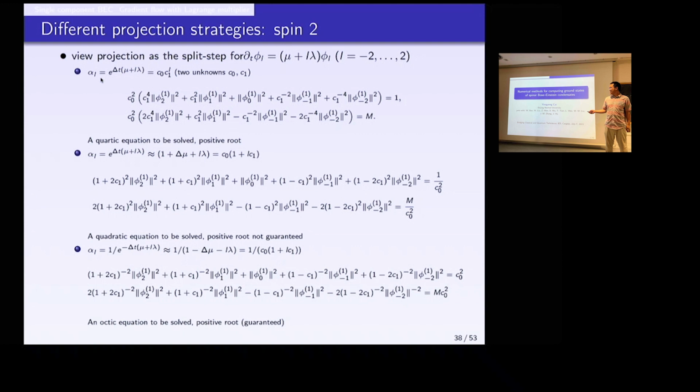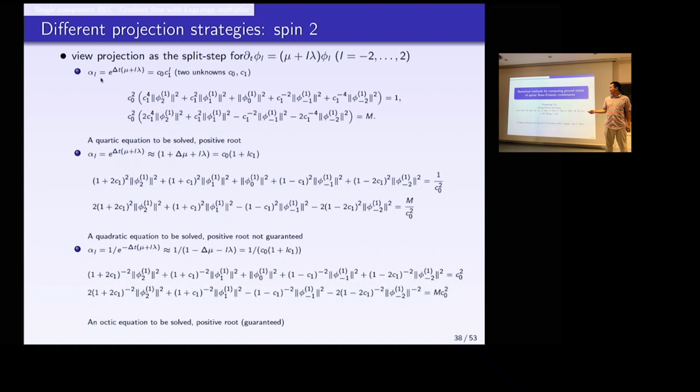When this delta t is small, we can approximate in a first order way by this Taylor expansion. If we do this, then we find a quadratic equation. But this cannot be guaranteed to have positive roots. That's the problem. But in practice, this can always be done when the convergence is near.